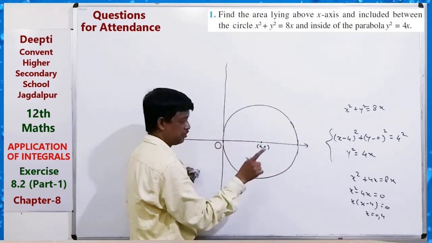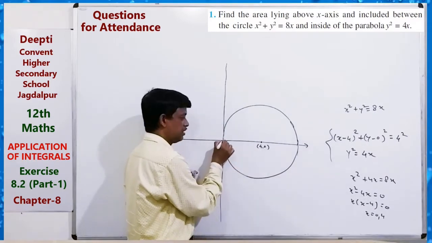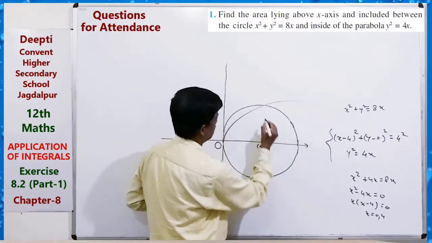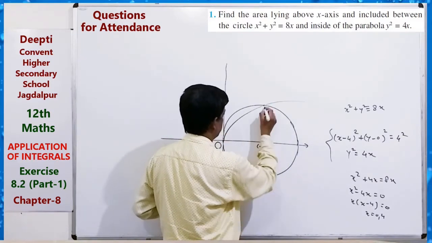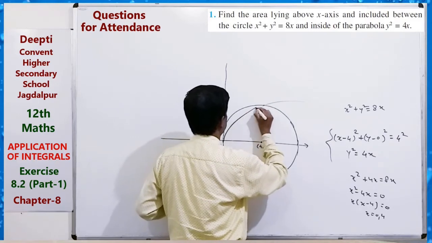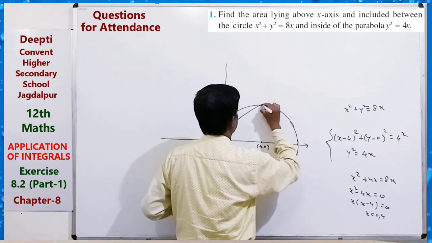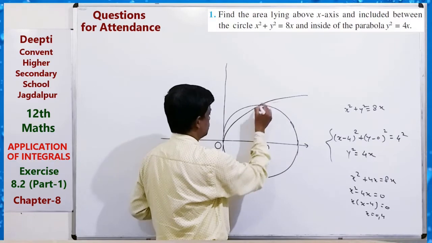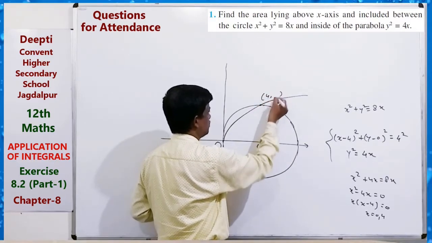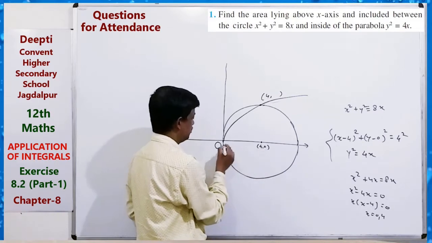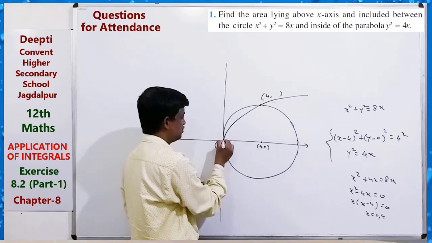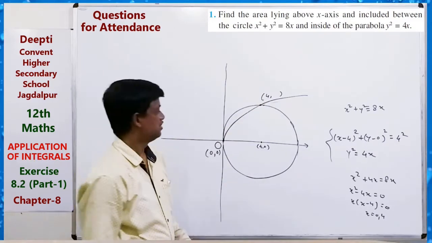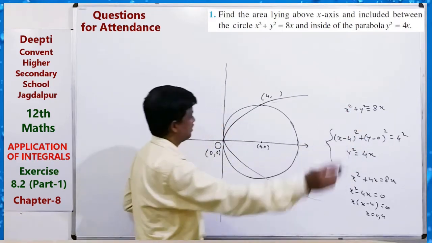This is the origin, (0, 0) here, (4, 4) here. That is, the parabola intersects here, and this is 4. The parabola goes like this. Here (4, 0), and this is the origin. So the parabola is from the inner part.